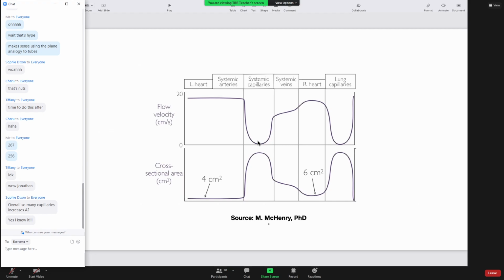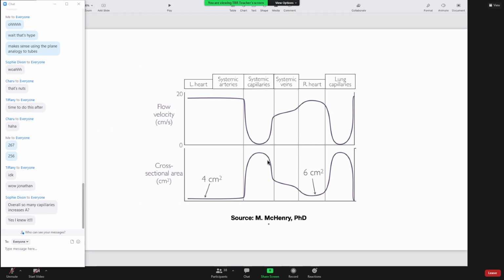It's going to branch and branch and branch. And so you can't possibly compare one artery to one capillary. It doesn't work like that. The blood is going to bifurcate and split up. But then we are going to have all these numerous capillaries, and they're going to start recombining into the venous system.